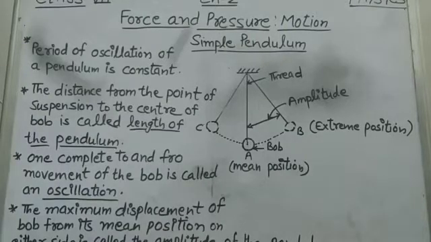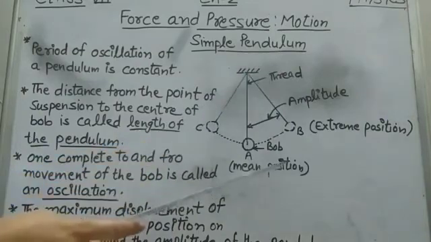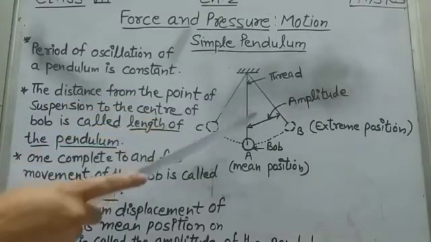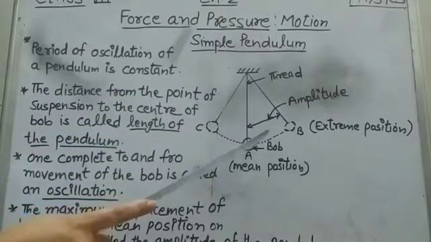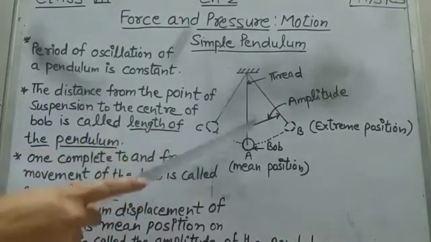Now, some terms related to a simple pendulum. The length: the distance from the point of suspension to the center of the bob is called the length of the pendulum.